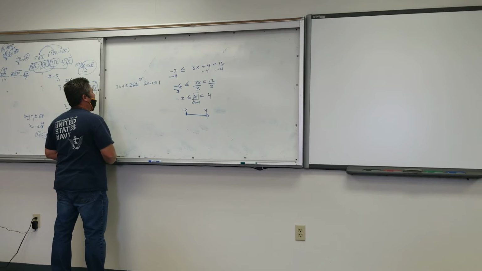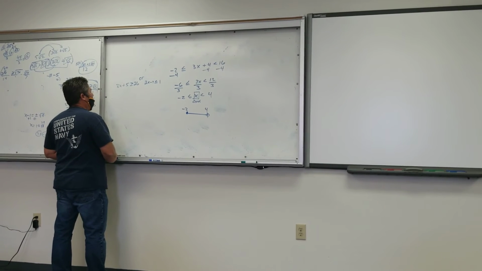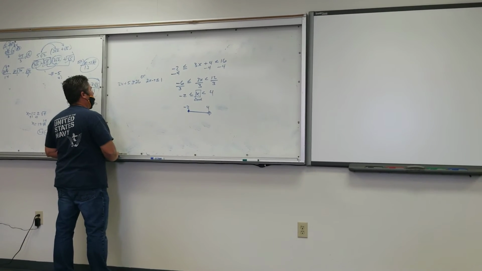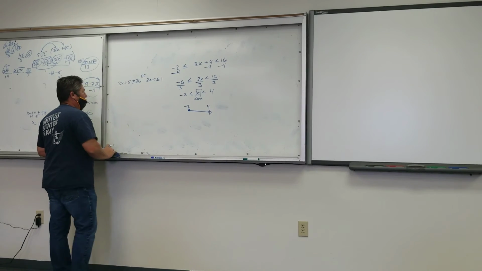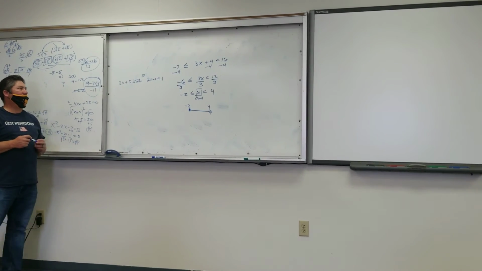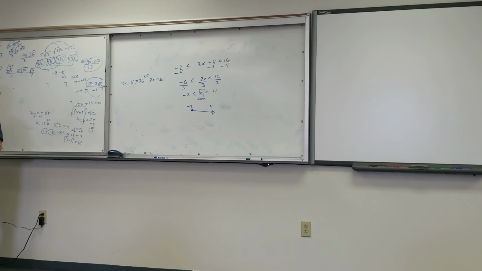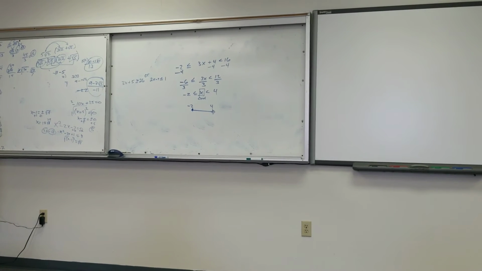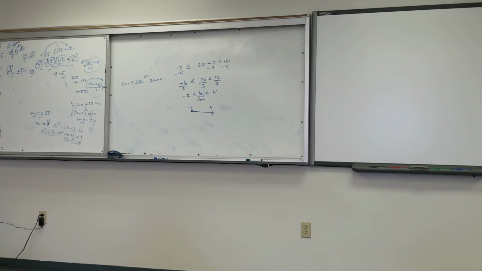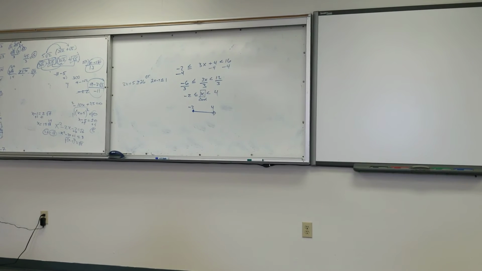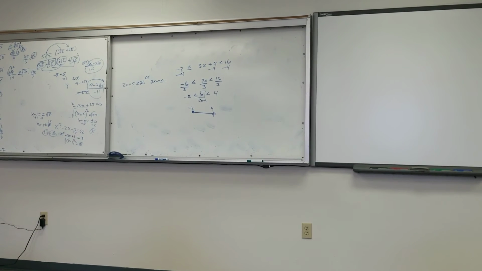Let me think here and see if this is right. Yep, this will work. And there's an or between them. Now, when there's an or between them, you have to do both equations still, but you do them separately. You don't do them like trying to get an x in the middle or something.